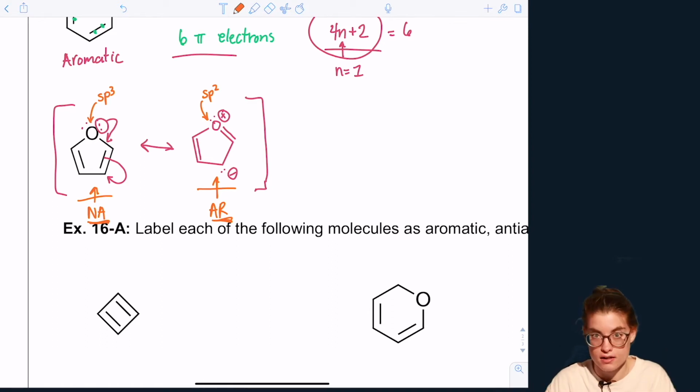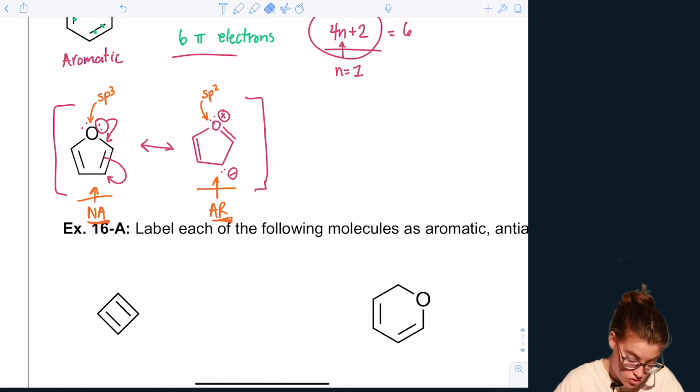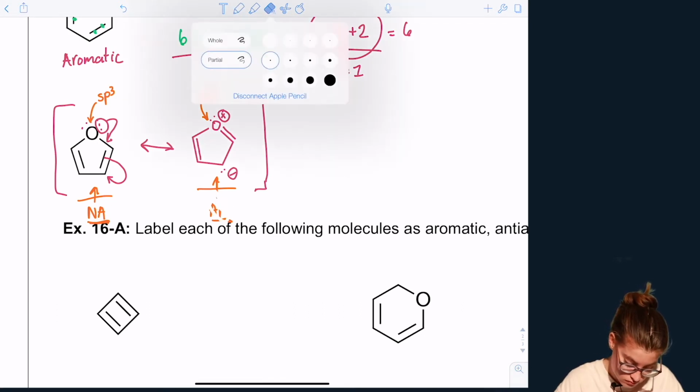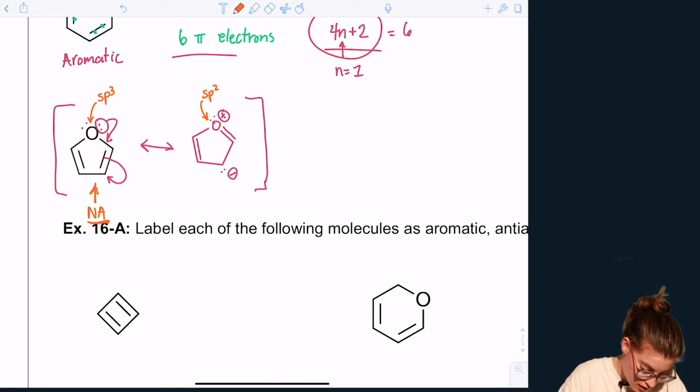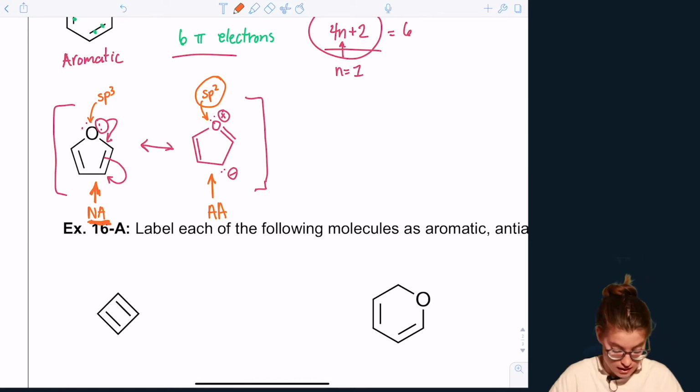But we could have another scenario where, let's say this molecule is non-aromatic, but if it's sp2 hybridized, then this molecule, as an example, might be anti-aromatic.